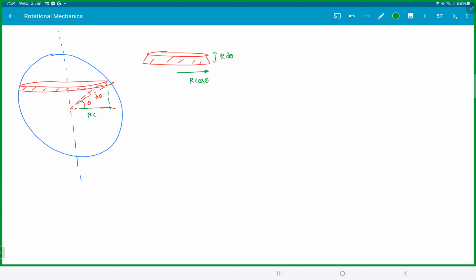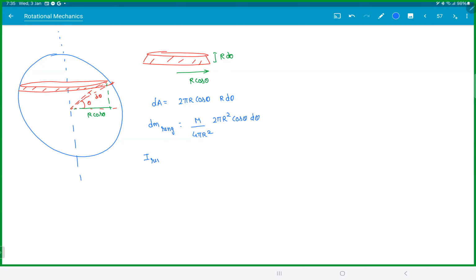This is r cos theta. So the area will be 2 pi r cos theta into r d theta. The mass of this ring will be mass by total surface area 4 pi r square, into 2 pi r square cos theta d theta.